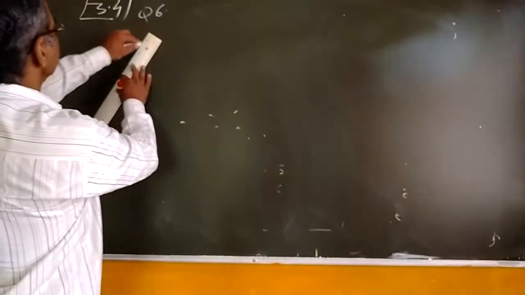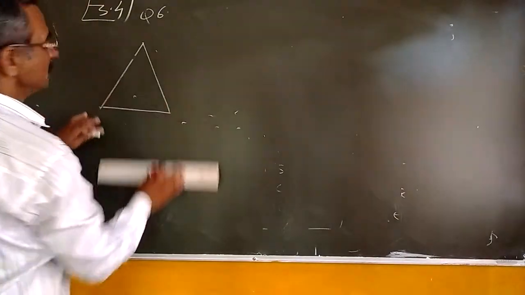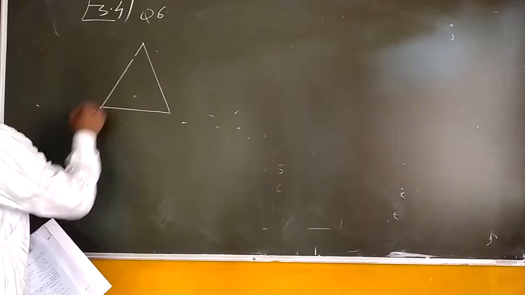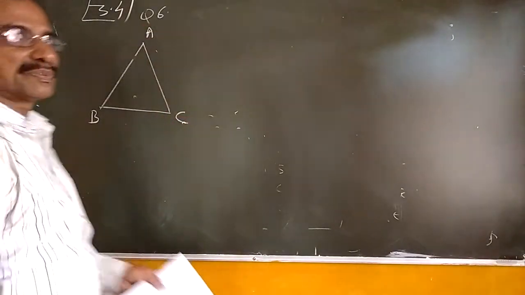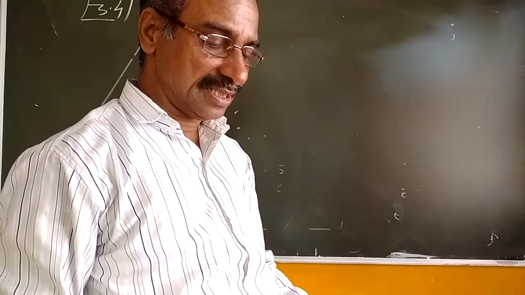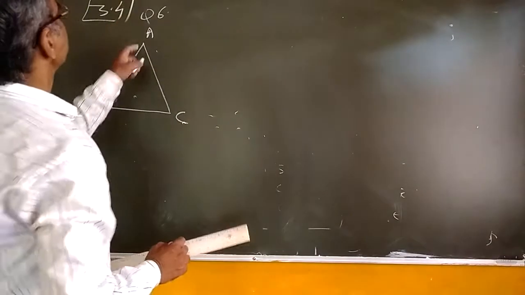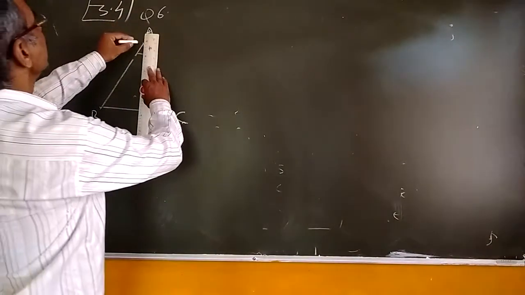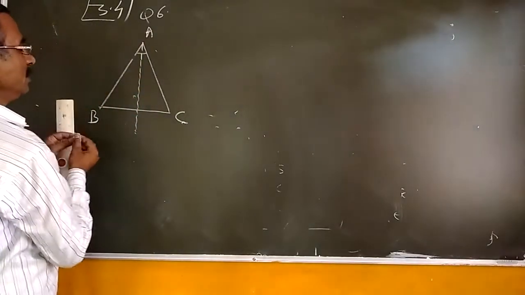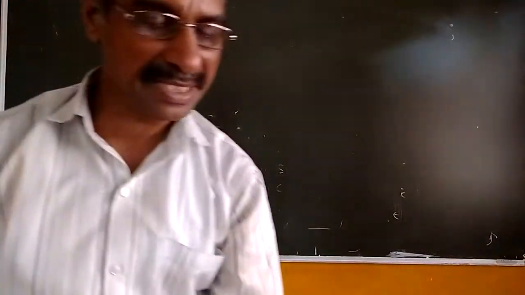We draw the angle BAC, which makes the triangle here. Bisector means making two equal parts, and we are drawing here the bisector of the given angle BAC.